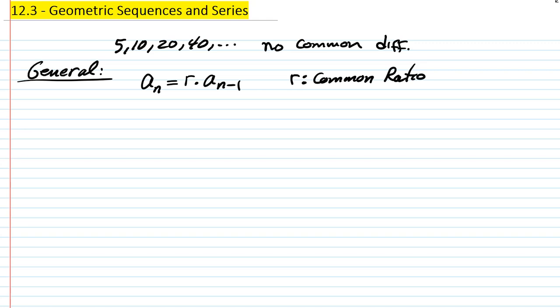And this is again the recursive definition. That will be the recursive definition of a geometric sequence. Now, the reason it's called common ratio is this. In my example, if you take the ratio of second to first, it will be exactly the same as the ratio of third to second, which is 20 to 10, and exactly the same as the ratio of fourth to third.